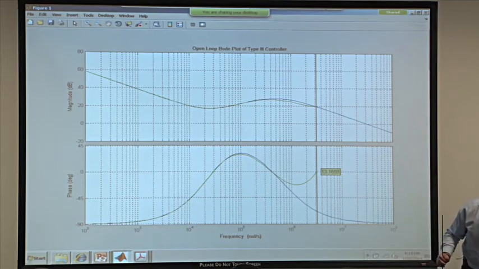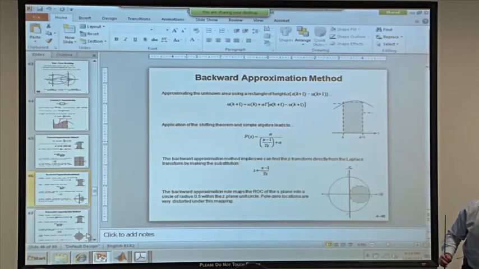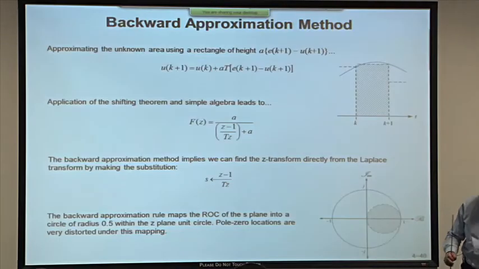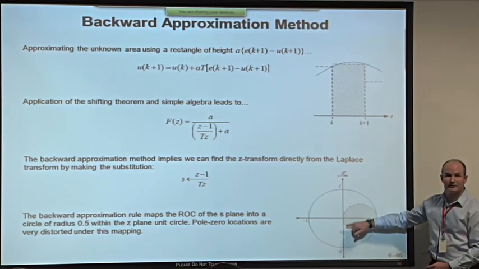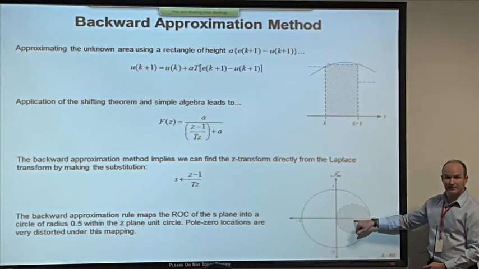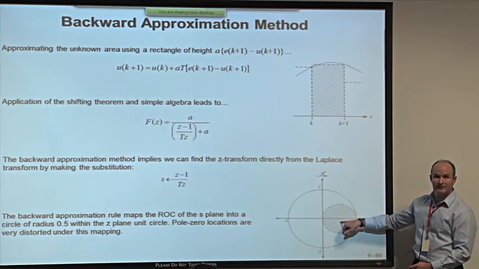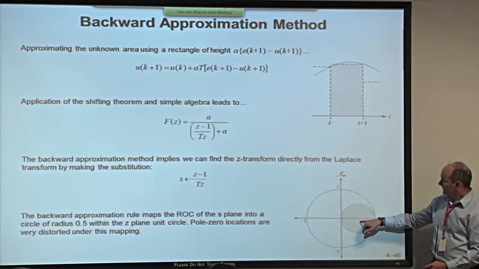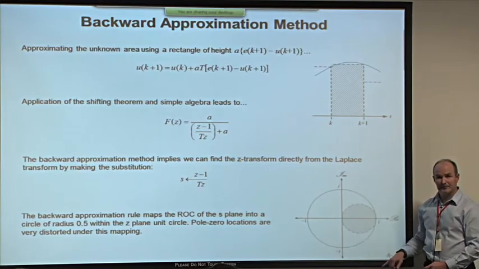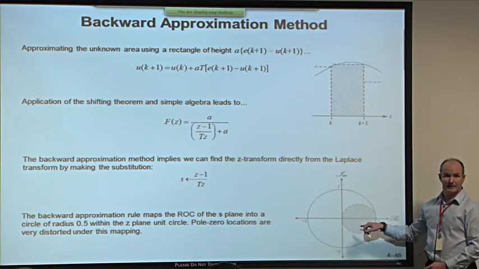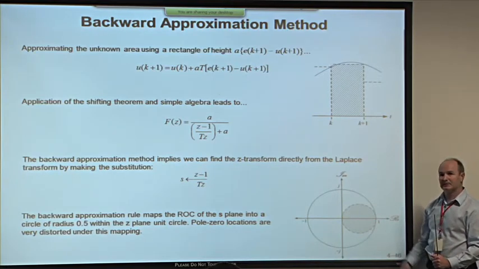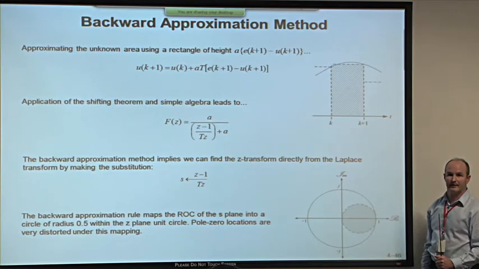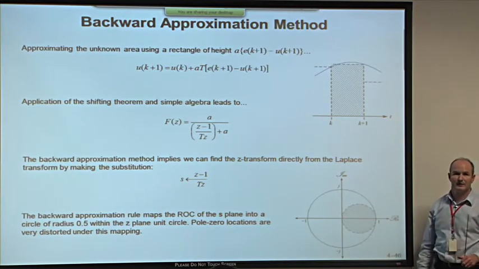When you map the entire left half plane using it, all of it gets stuffed within this tiny circle of radius 0.5, centered on the plus 0.5 point on the positive real axis. If there was a lot of distortion happening before, there's even more happening now. That is why the backwards approximation technique introduces that distortion at lower frequencies. People don't tend to use this one much either. I have seen it used, but it's not very common.